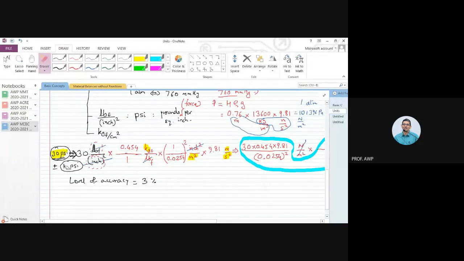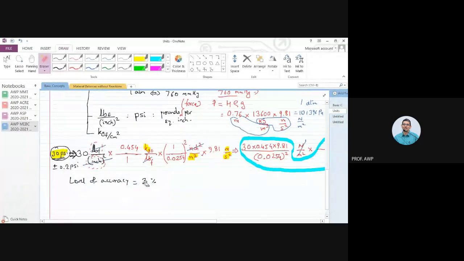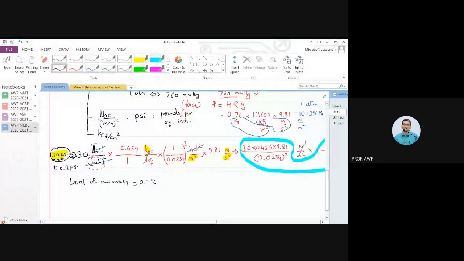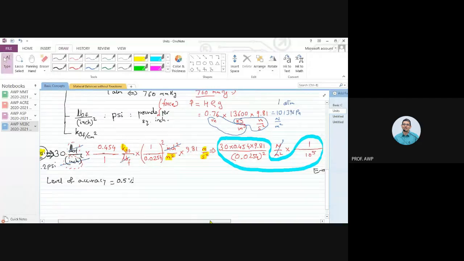Even if you take a manual gauge, let's say the manual gauge is accurate up to 0.2 psi, then the error would be close to 0.3% or 0.5%. Approximately, I'm just talking approximate numbers.